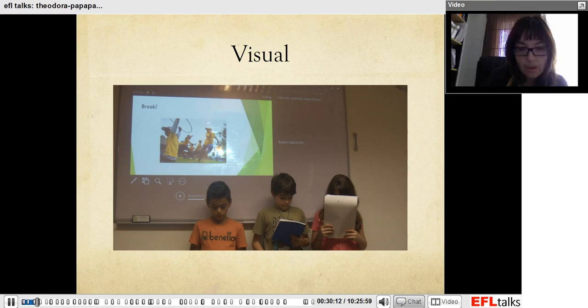One was about schools in Britain, and the other one was about schools in Greece. So they saw what the kids are doing in both Greek schools and British schools, and then when they came back at school, we made a PowerPoint presentation. We gathered pictures from the internet about the points they had gathered.